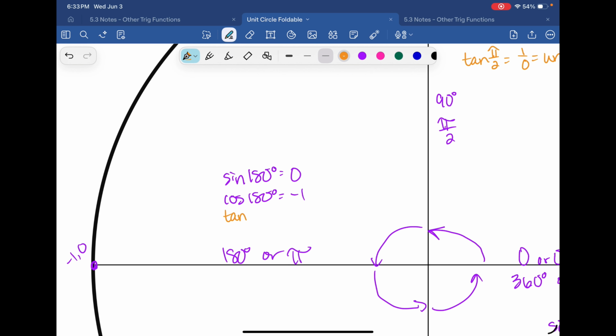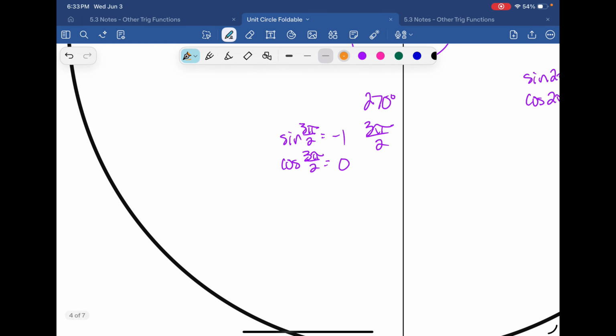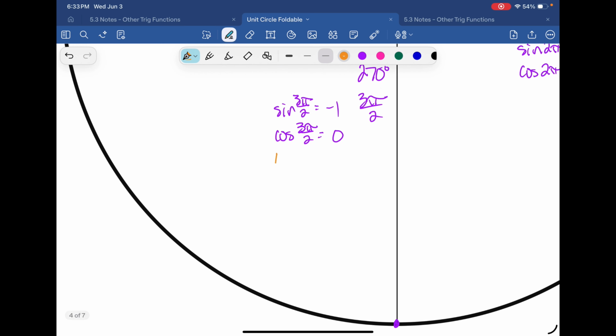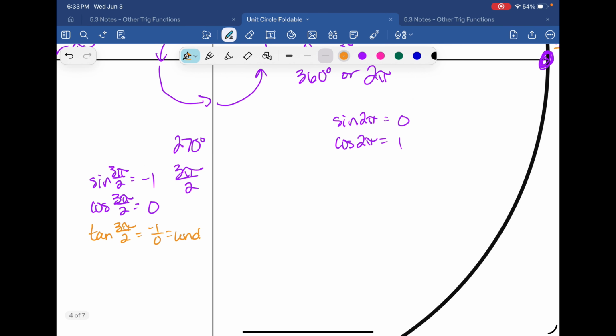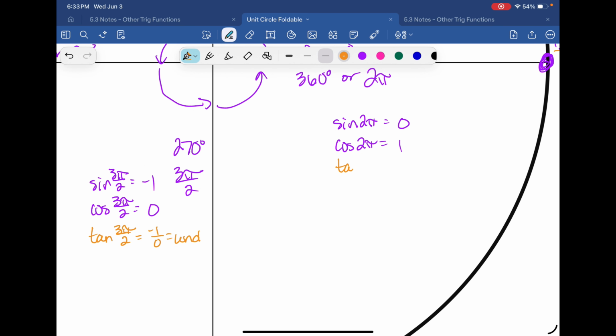Tangent, I'm going to make these pi. Tangent 180 degrees. Okay, 0 over negative 1, that would be 0. Tangent 3 pi over 2, and that's y over x, so that's undefined. And tangent 2 pi, y over x, 0.